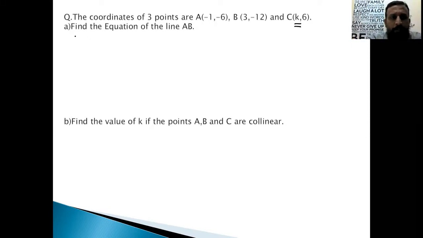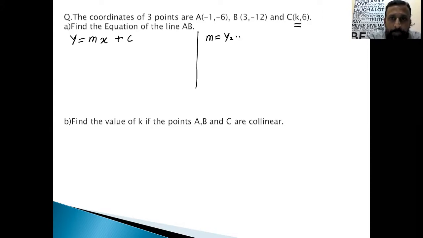So, how do we find the equation of line AB? We find it with the formula y equals mx plus c, where m is the gradient and c is the y-intercept. How do we find the gradient of the line AB? We find the gradient with the formula y2 minus y1 upon x2 minus x1. So let's plug in these values of x1, y1, x2, y2.